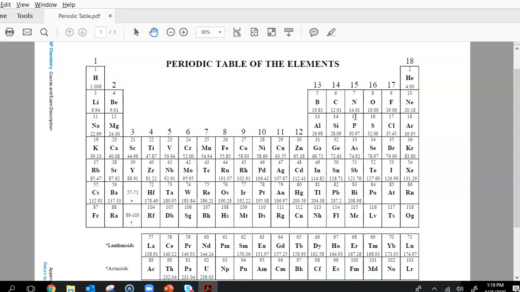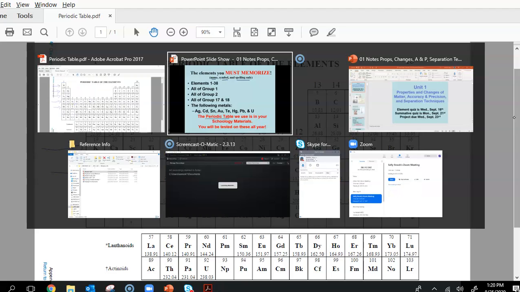So the first thing that we're asking you to do is memorize from 1 down to 38, which is strontium. So that means all of the first row, or we call it a period or series, 2, 3, 4, and then down to number 38.